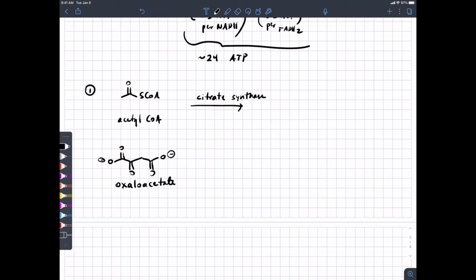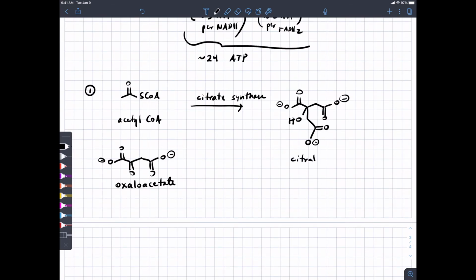And when we're done, we're going to get, as a product, citrate, and we're also going to get coenzyme A off as part of this process.